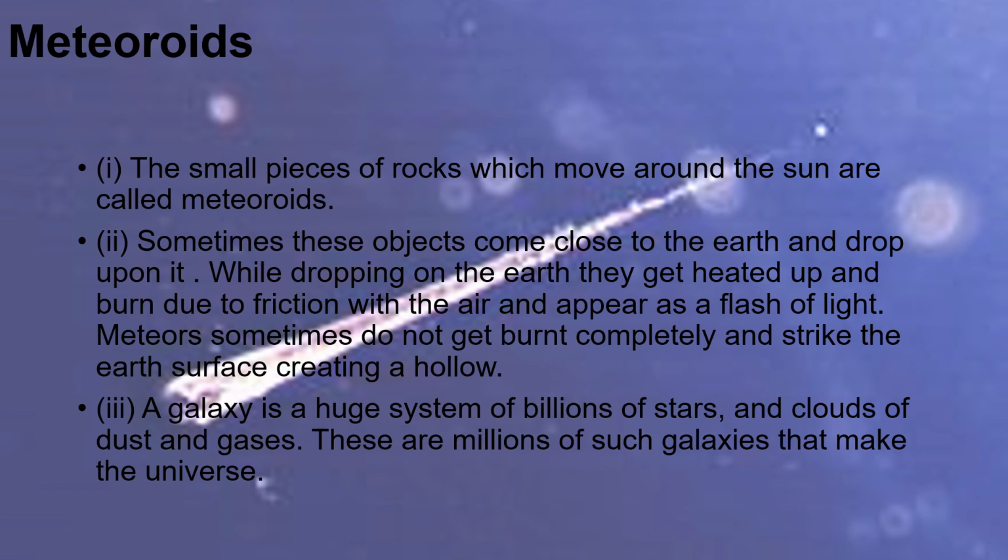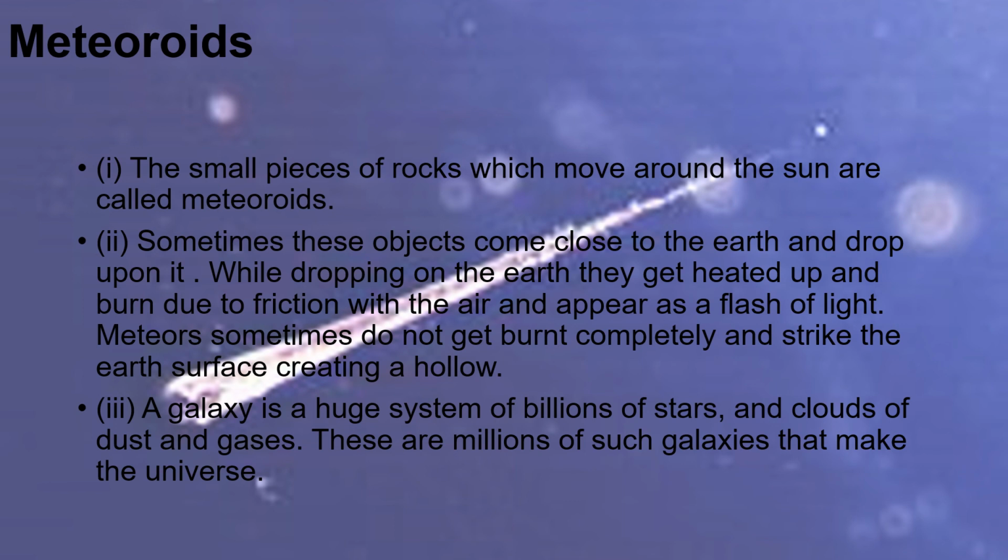And sometimes these rock pieces do not burn completely and reach the Earth's surface. These heated rocks that streak as flashes of light, which we call toota tara in Hindi, are termed meteors.